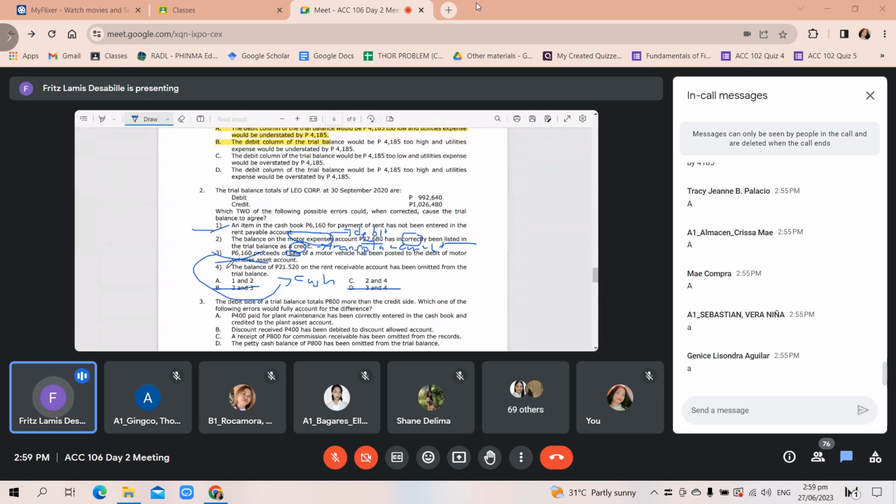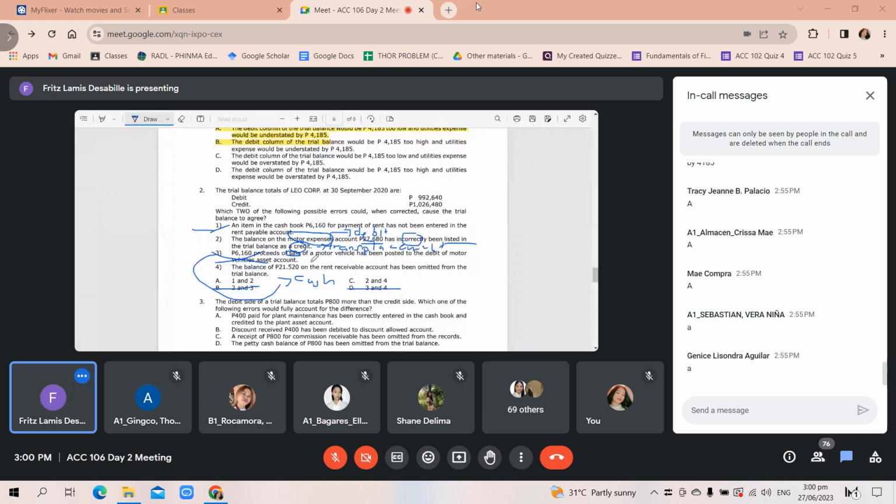Okay, number 4, the balance of 21,520 on the rent receivable account has been omitted from the trial balance. So number 4 is an error of omission. It means you did not include the rent receivable account balance of 21,520.